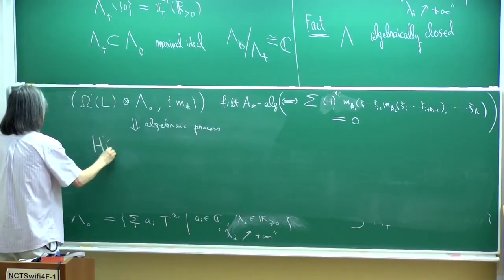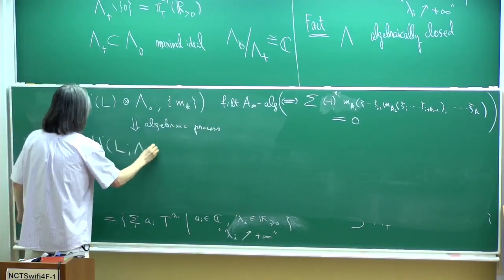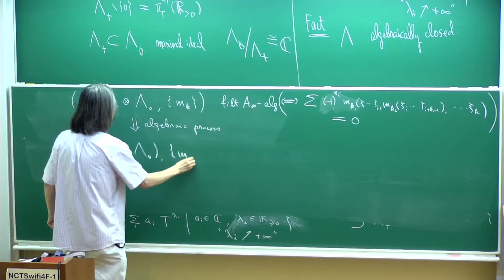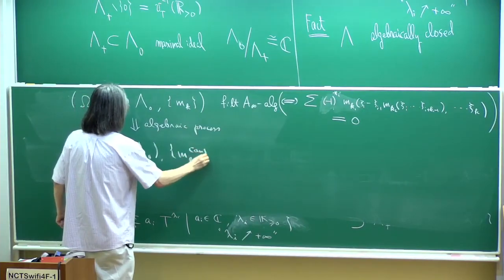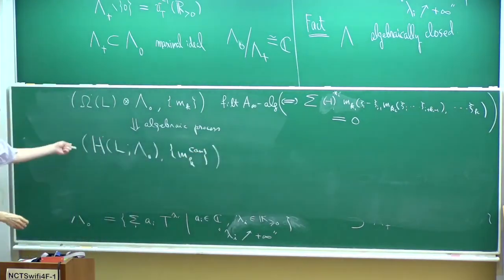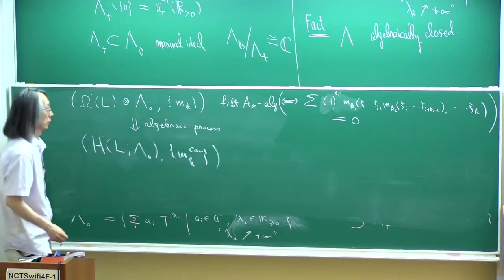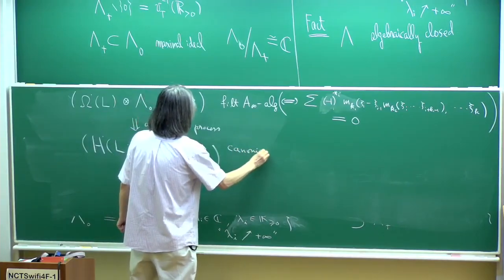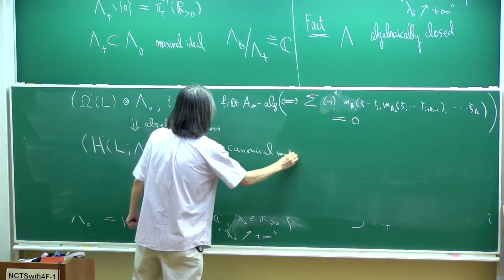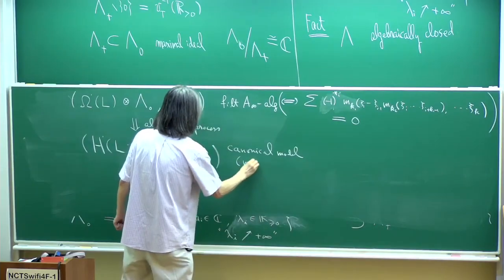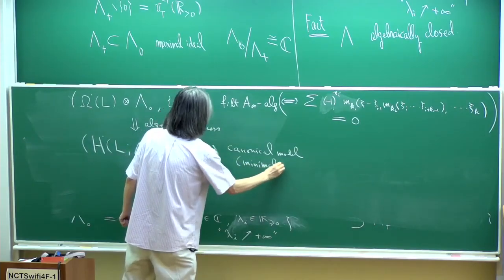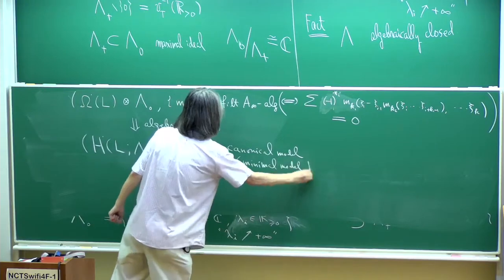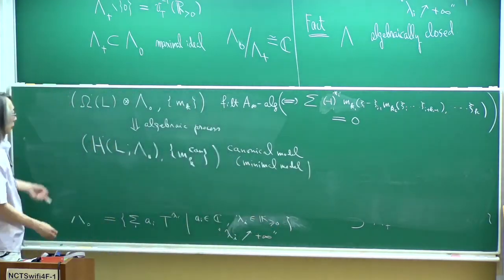It is actually an algebraic process. So we can also introduce some infinity structure here, which is what we call the canonical model or minimal model. So what is this?